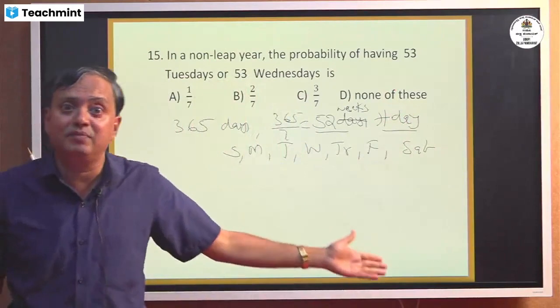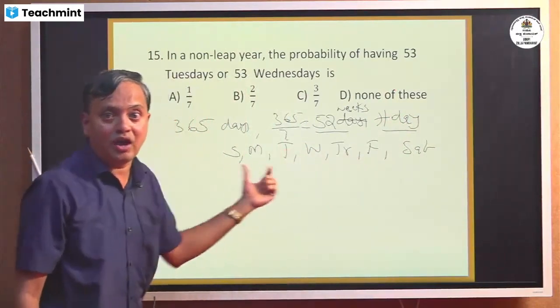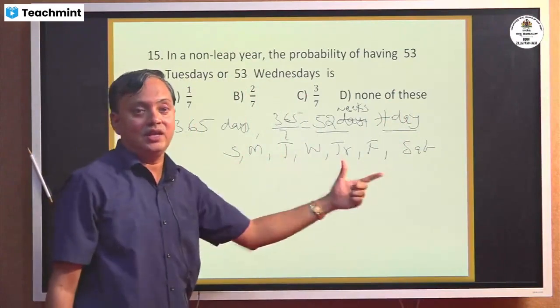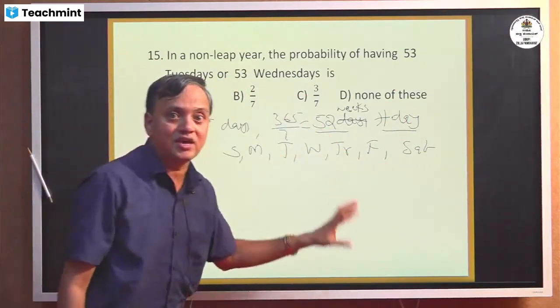That 1 day may be any one of these 7, so the total outcomes are 7, from Sunday to Saturday.